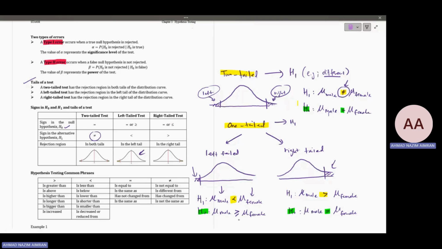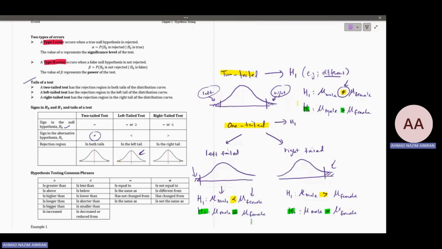You can use this symbol, but I am afraid that you may get confused during the assessment, so it is better to just use the equal to symbol. I hope you are clear here.